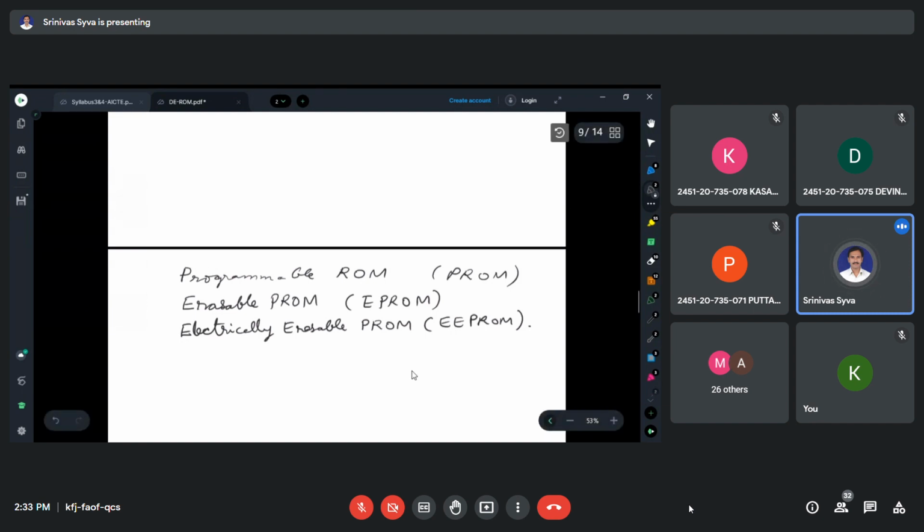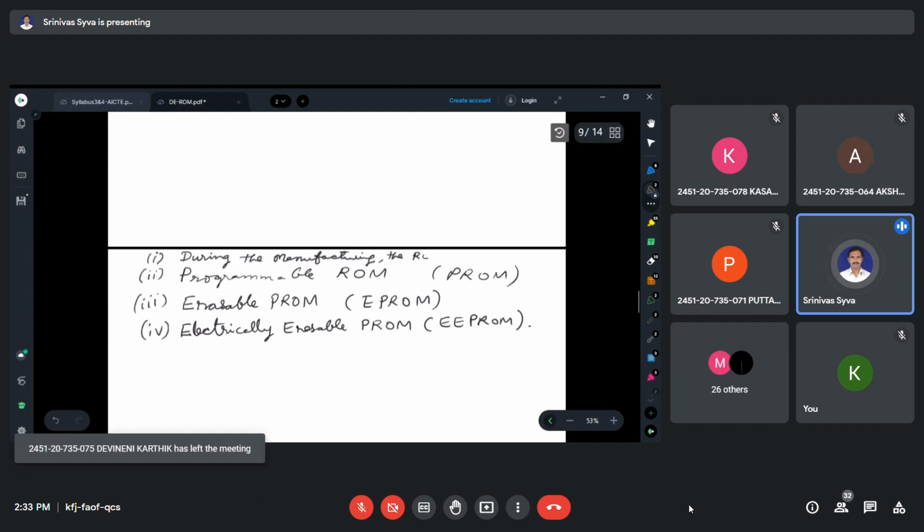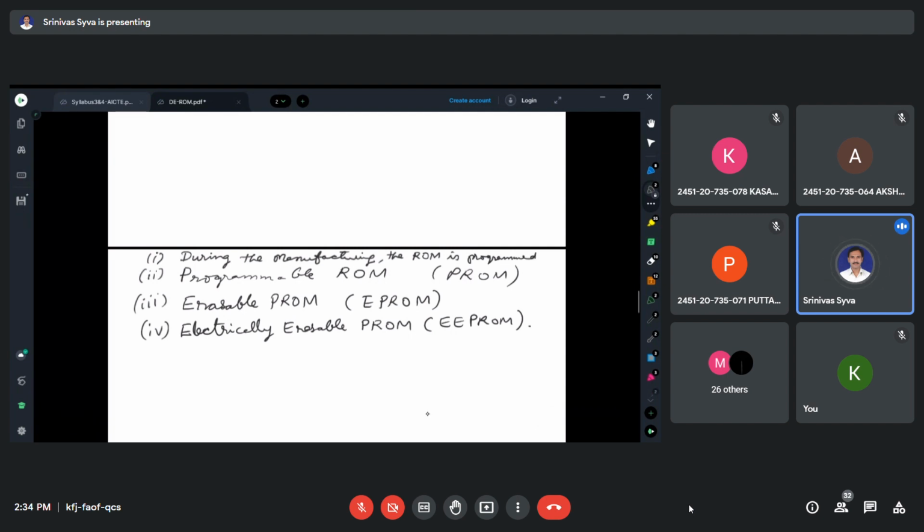So there are finally 4 methods. One is during the manufacturing itself: during the manufacturing of the device, the ROM is programmed depending upon the customer order.